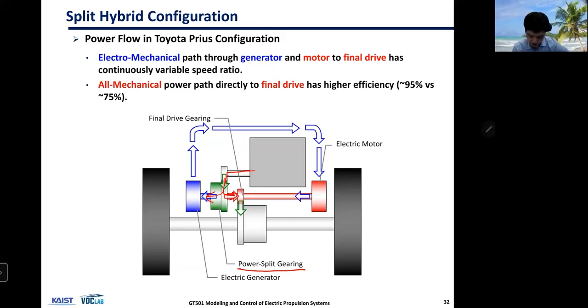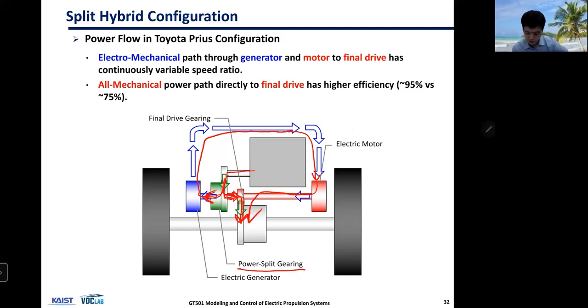And this path is a mechanical path directly connected to the wheel. And then we have some mechanical power flows into the generator, and that converts that power into electrical power, and that's fed to the motor, and the motor converts electrical power back to mechanical power and to the wheel.